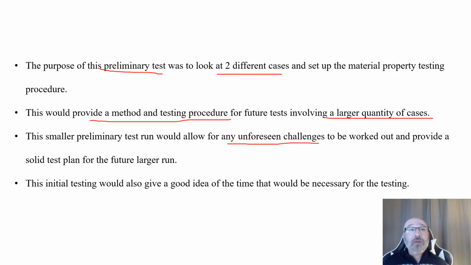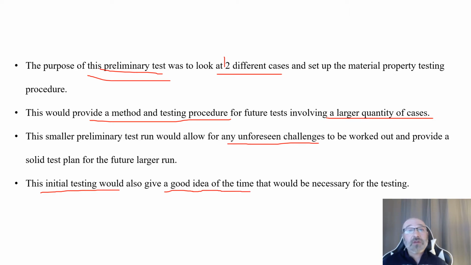Another thing that we can gather from these smaller preliminary tests, another resource that we talk about, is time and money. If the client only has a certain budget or a certain time frame in which they need these results, running these initial tests on just a couple cases will give them a good idea of how long it is going to take to set these up, machine them out, run the tests, analyze the data, and get it back to them.